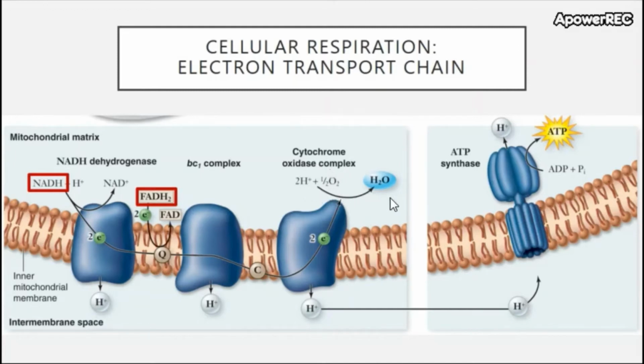This reaction is balanced, so it writes it as half an oxygen molecule in order to simplify things. But it reacts with the electrons. Remember, oxygen loves to take electrons, and a couple hydrogens, and it produces water. And that is the major role of oxygen. We call it the terminal electron acceptor in cellular respiration.